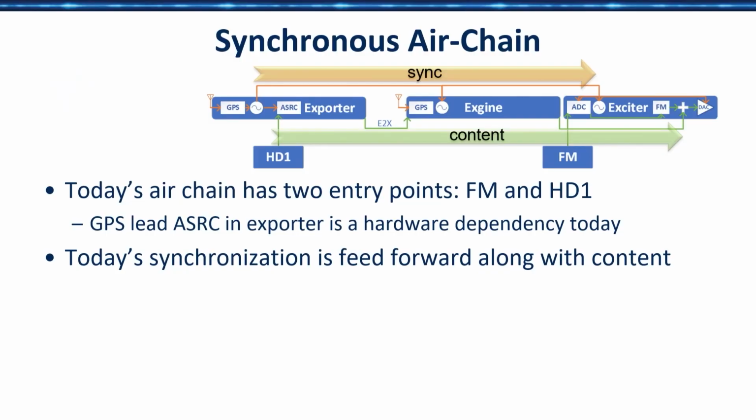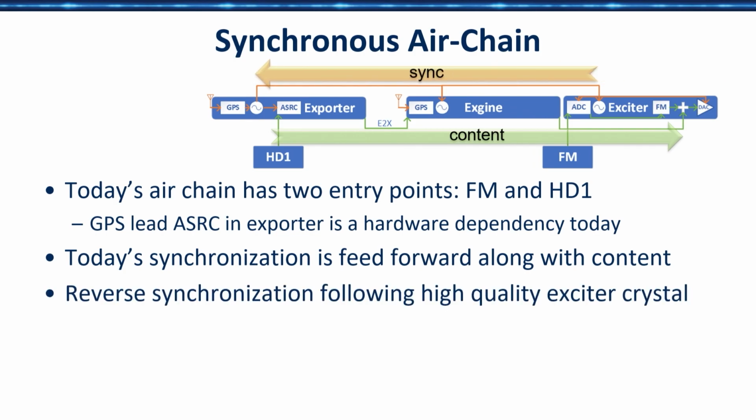So in the current system, the synchronization flow follows the content flow. What we're doing is we're flipping it around. We're saying there's already a really high quality crystal in the exciter, and it can be connected to GPS if you desire to do so, but it's already calibrated. It's all within specifications already. So we want to synchronize back rather than forward.